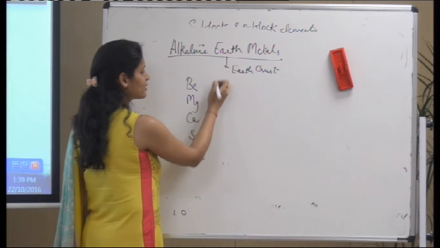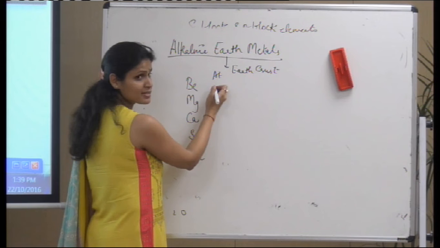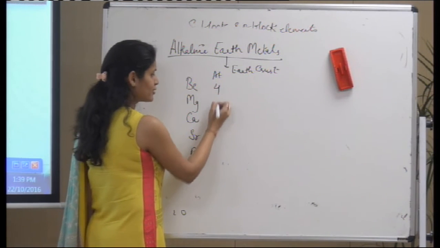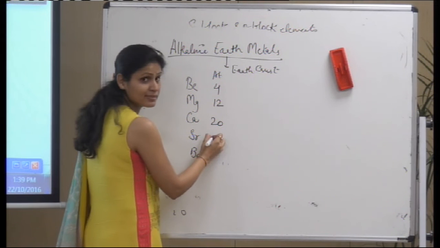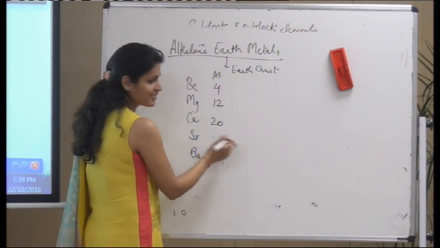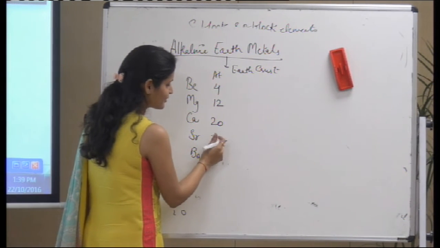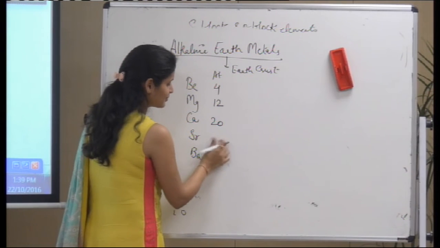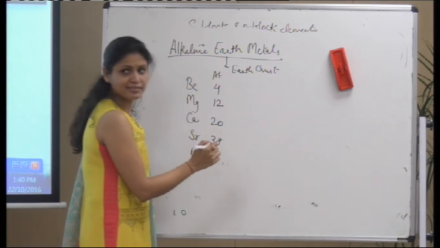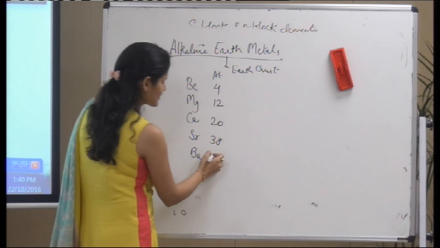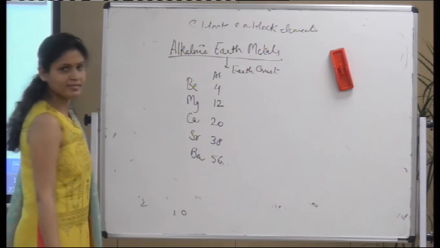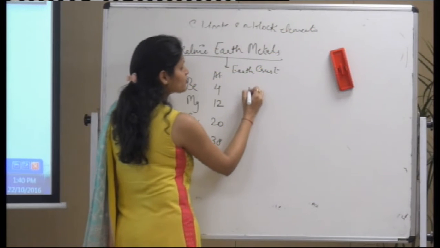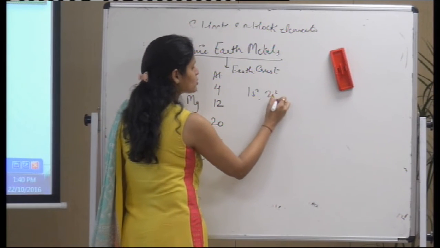The atomic number for beryllium is 4, then 12, 20, then 38, then 56. Electronic configuration would be 1s2, 2s2.